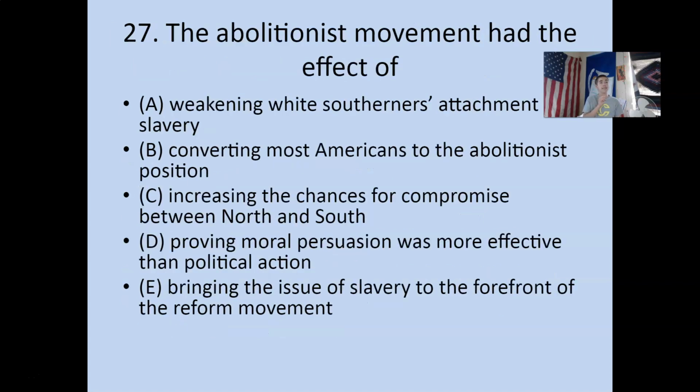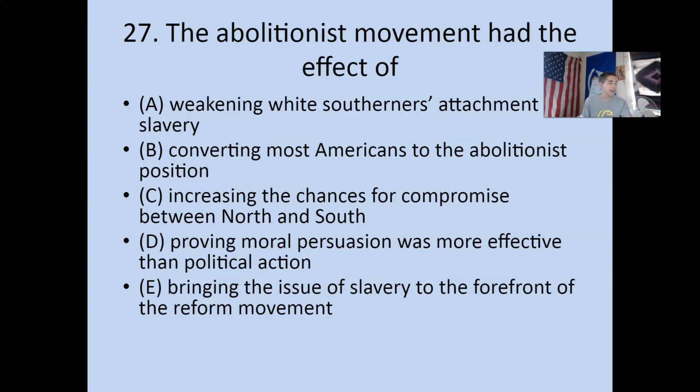Number 27. The abolitionist movement had the effect of A. Weakening white Southerners' attachment to slavery. B. Converting most Americans to the abolitionist position. C. Increasing the chances for compromise between North and South. D. Proving moral persecution was more effective than political action.